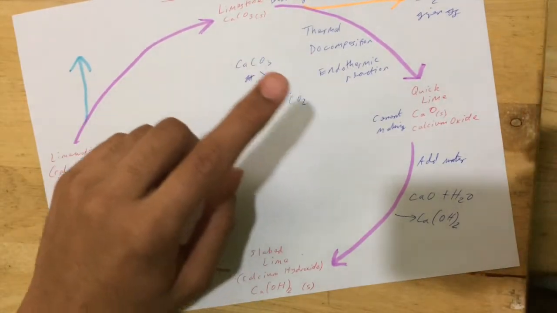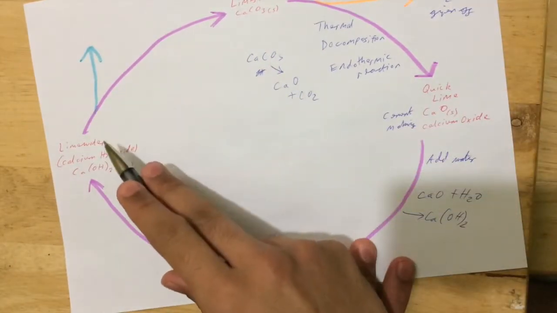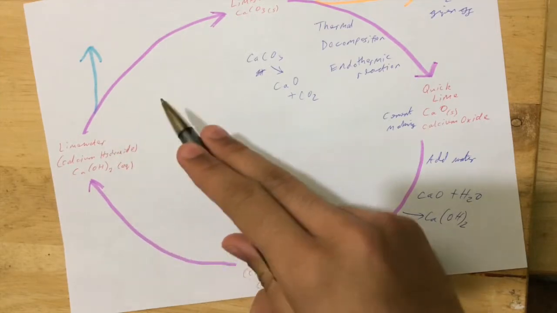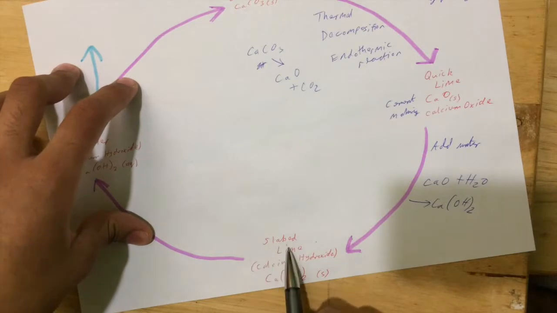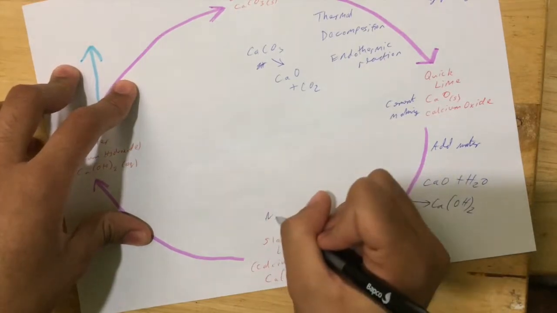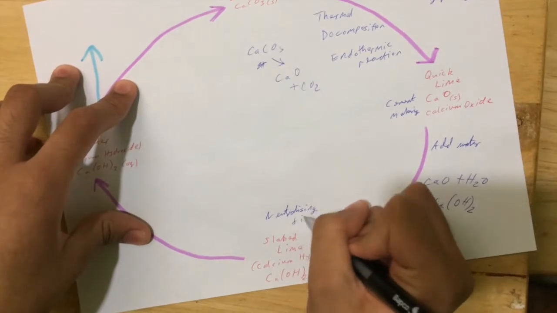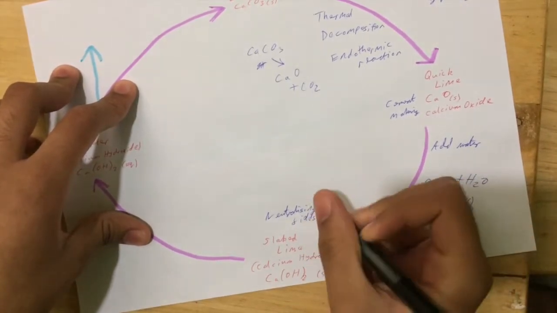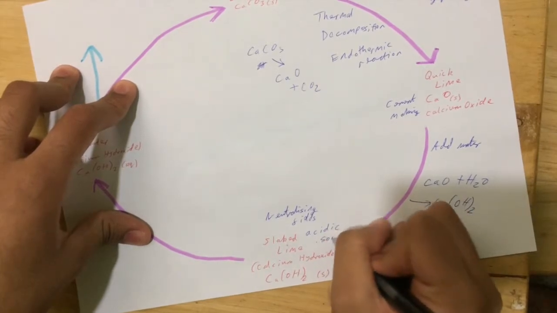But we only add a little bit of water, because if we add too much, it's going to become calcium hydroxide solution, which we will talk about later. So slaked lime, or calcium hydroxide, is usually used for neutralizing fields, such as fields which have acidic soils.